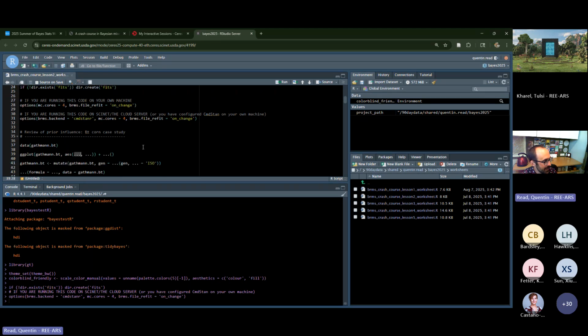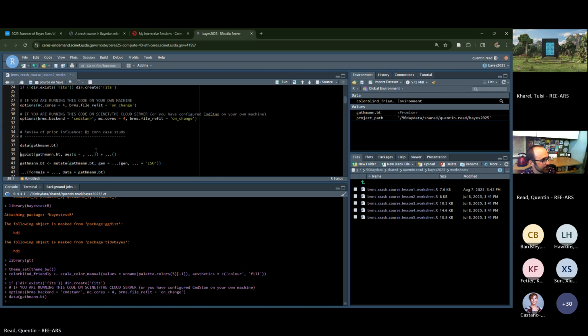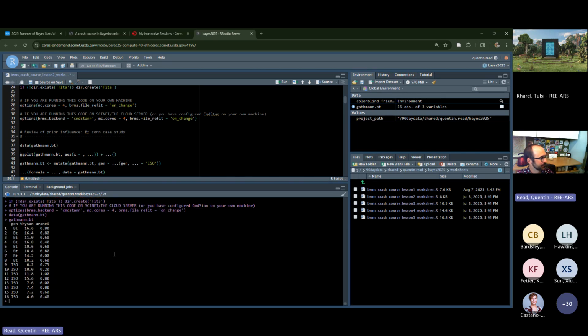So first, we're going to load this data, and then if you type the name of it in your console, it will show the data. You can see there's only 8 observations from each group. There's another response variable, but we're just going to look at this column, Thysan, right here.